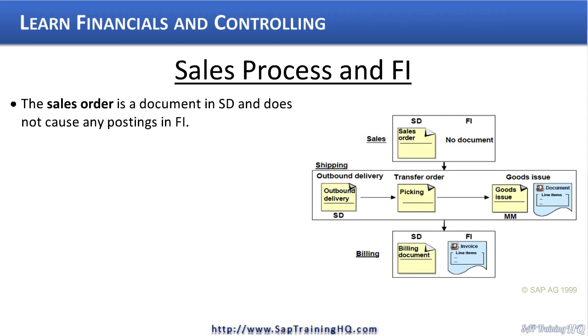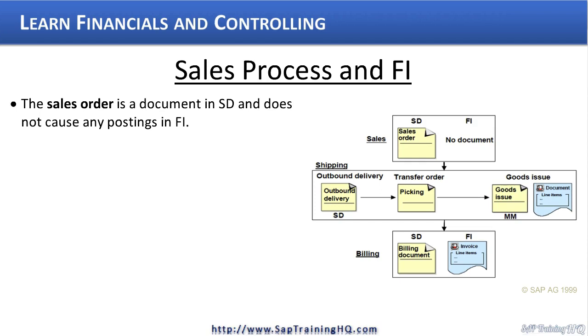On the day of shipping, an outbound delivery document is created. Billing for the delivery can only take place when the goods have been taken from the warehouse stock and posted as goods issue. The warehouse management function is used for picking. A transfer order has to be created which generates the picking order.